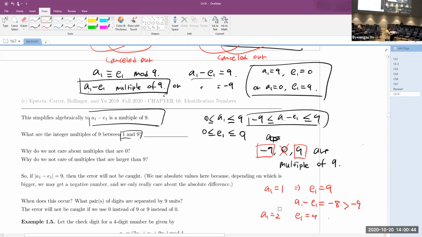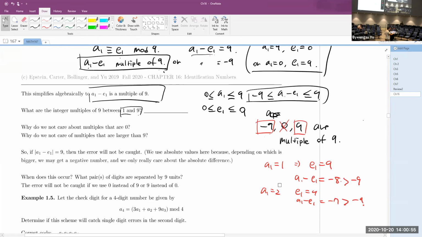Then even if E1 is 9, A1 minus E1 is negative 7, which is greater than negative 9. And 9 is the biggest number we can choose for E1. So in this case, it does not happen. So the only case is when A1 is 0 and E1 is 9. That's the case when their difference is negative 9.